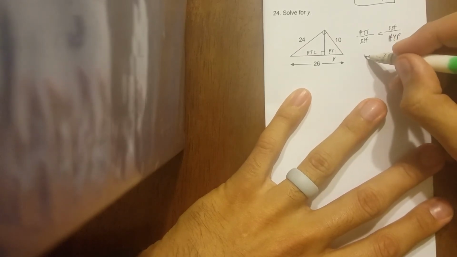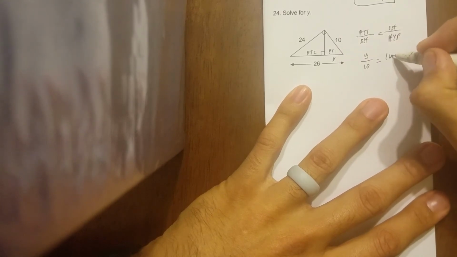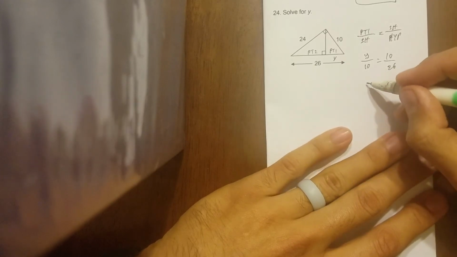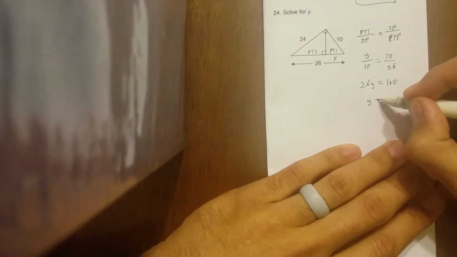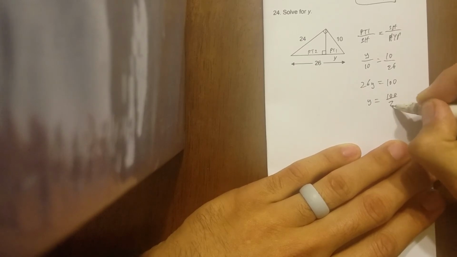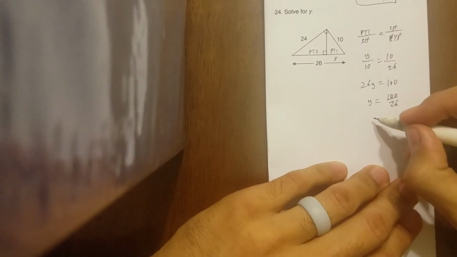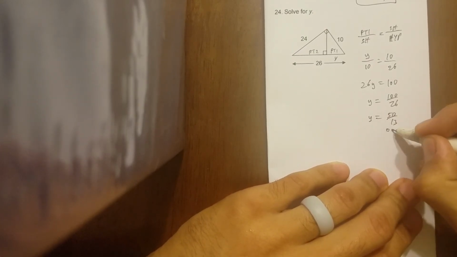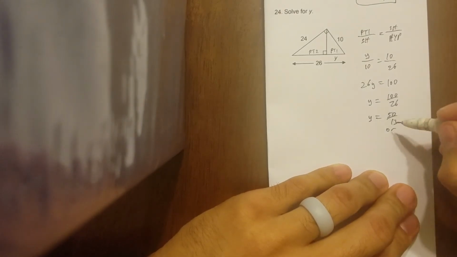So part 1 is Y divided by short, which is 10, equals 10 divided by 26. So 26y equals 100. Y equals 100 over 26, which reduces to y equals 50 over 13, or 3.84.